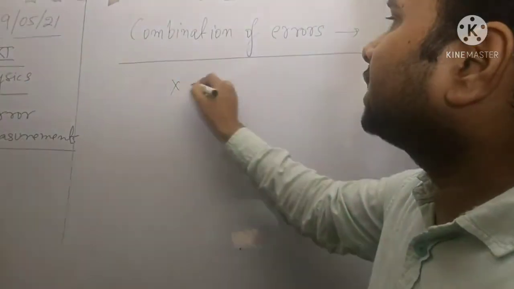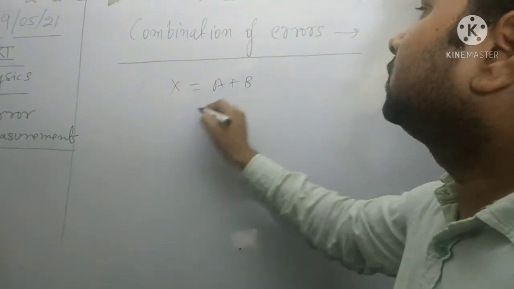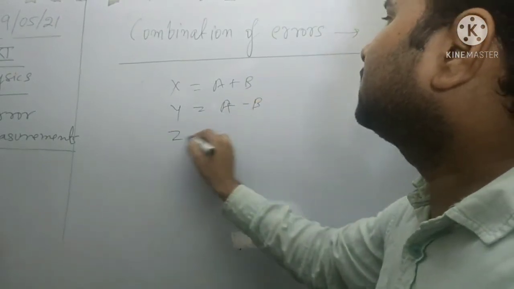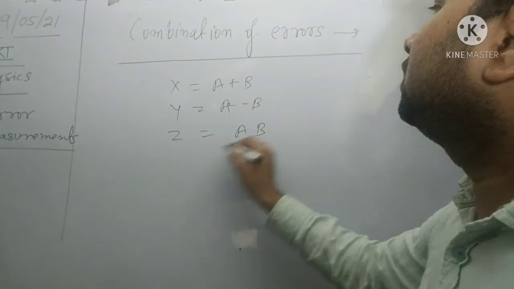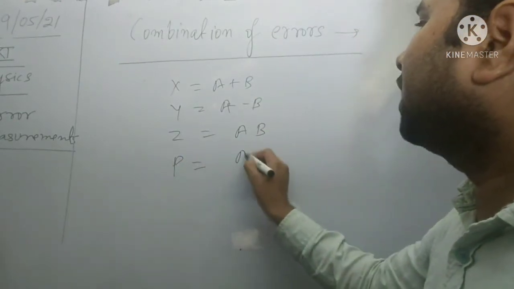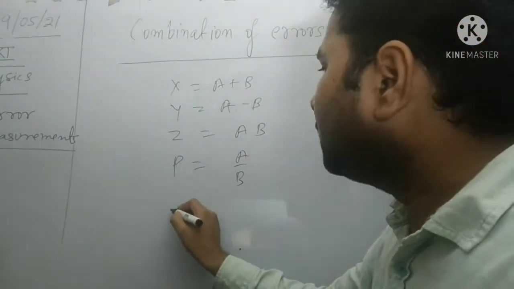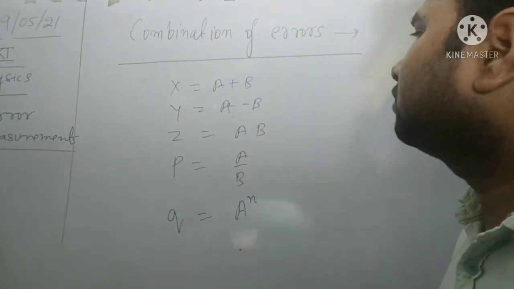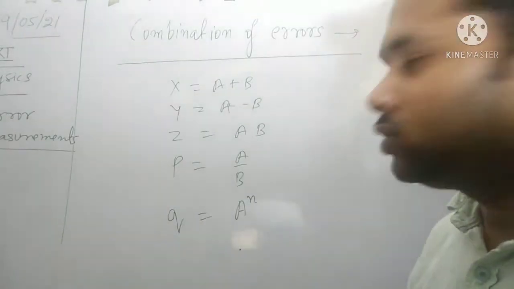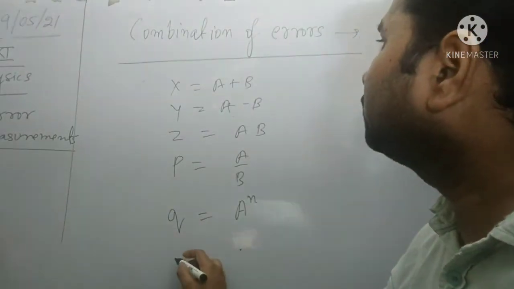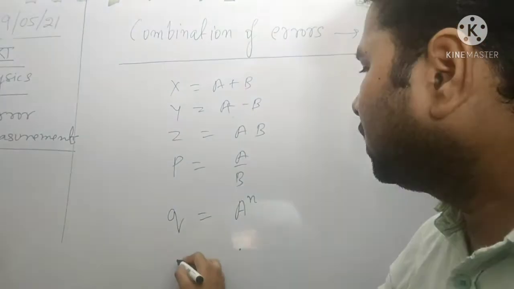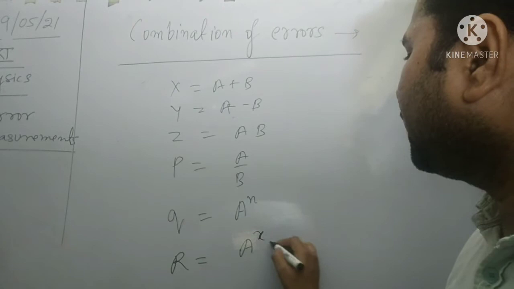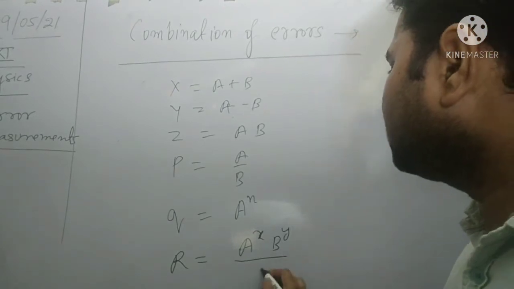Suppose the expression is x equals to a plus b or y equals to a minus b या z इक्वल्स टू a इंटू बी, या सपोज p इक्वल्स टू a डिवाइडेड बाई b, या q equals to suppose a power n, this type. Or also suppose one more we have to face the problem like suppose r equals to a power x b power y divided by c power z.